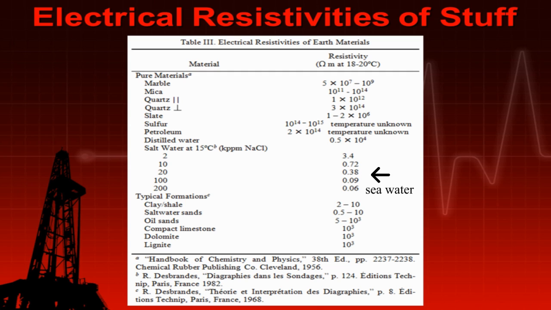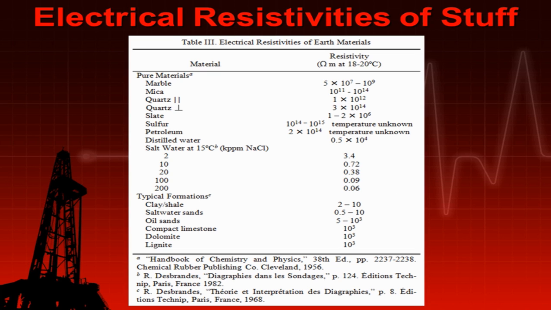And a hot dog, if you pulled your Oscar Mayer hot dog out of the microwave, it would be about 1 ohm meter is what a hot dog is. And that's why you can heat it up in the microwave, because it has some conductivity there. Resistivity and conductivity. Typical formations, they're looking at clays and shales, they're looking at saltwater sands, oil sands.